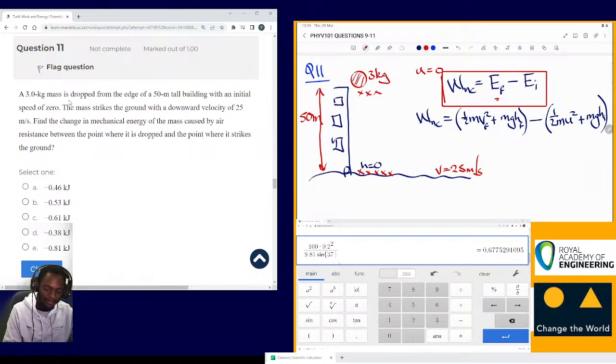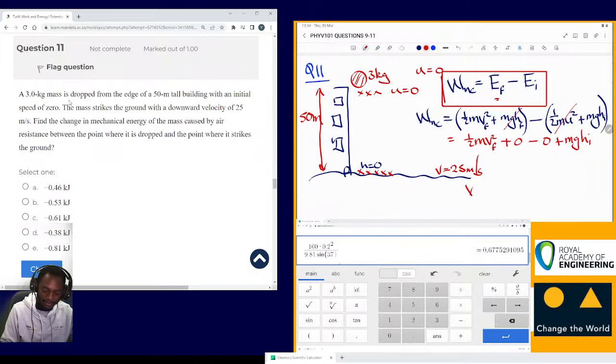Which means this term is going to go, and we have half m v final squared minus the initial term. We're told that u is equal to 0, so this term will go, so this is plus 0 minus 0 plus m g h initial. And the height there is 50.